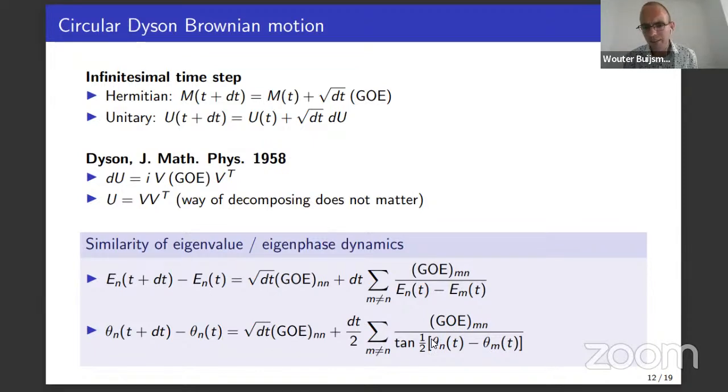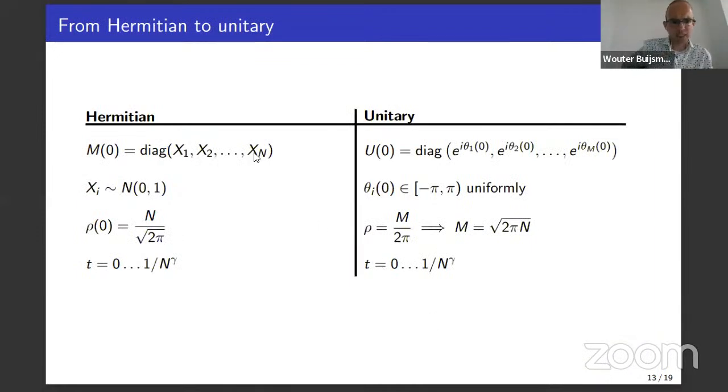The point is that if the density of states for the Hermitian and the unitary case are different, then this contribution does not match this contribution. These terms depend on the density of states. In the Rosenzweig-Porter random matrix ensemble, the density of states in the middle of the spectrum is given by n divided by square root of 2 pi.